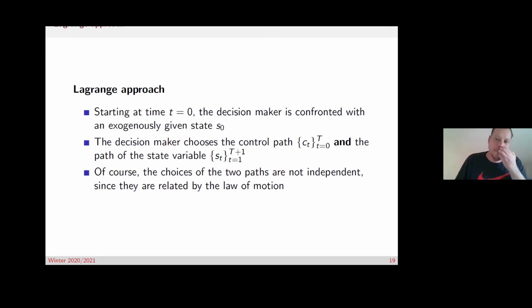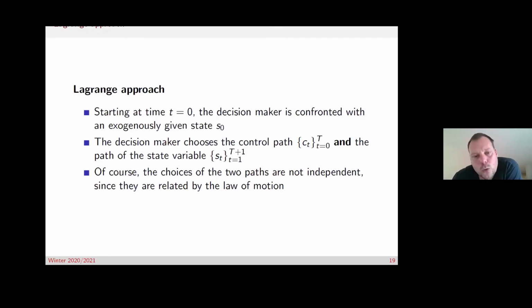The thing is, those two picks, those two choices in a sense, are not independent, right? Because they are related to each other via the law of motion, because we know a specific control today gives rise to a specific state tomorrow. So I'm not free to choose anymore.